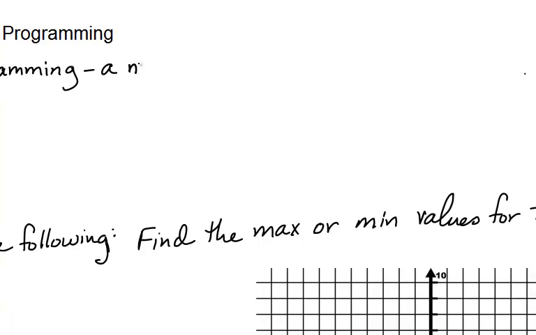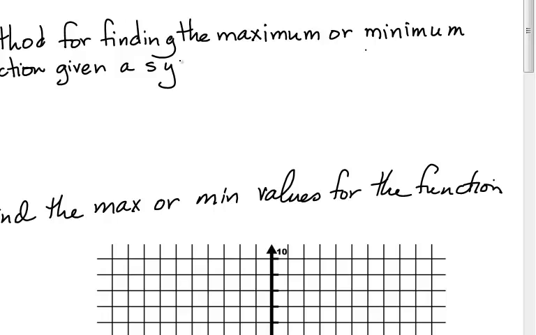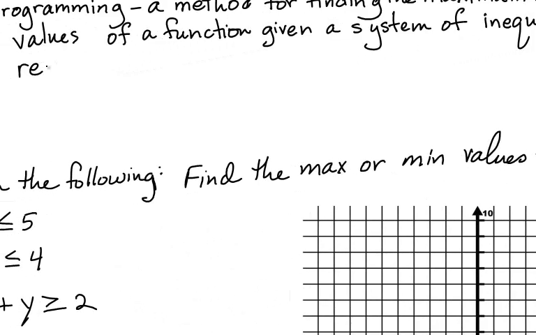Linear programming is a method for finding the maximum or minimum values of a function given a system of inequalities representing what they call constraints.